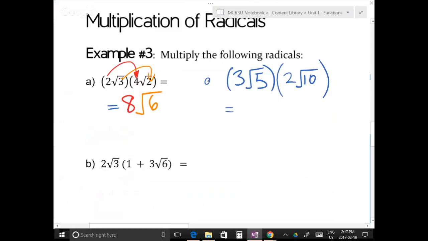Okay, well, that's because I lie a lot. What would I get when I do this? 6 times the square root of 50. And of course, what can we do with the square root of 50? We can call it 6 times the square root of 25 times 2.